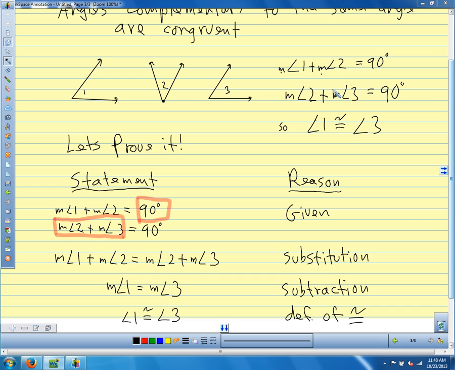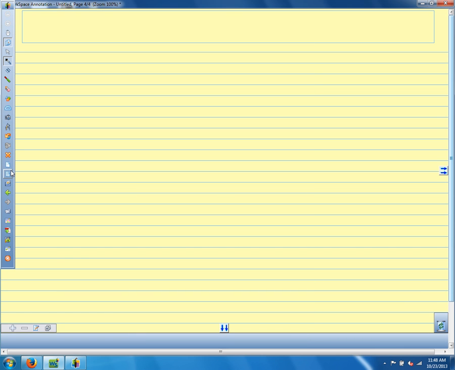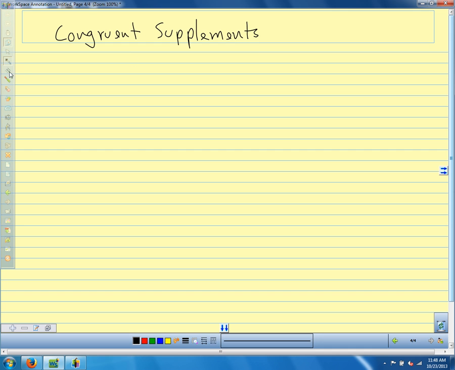We're not going to go through the proofs. They're very similar to what we just said. The first one is congruent supplements. So we're going to say the same thing that we said about complements, but this time we're talking about supplements.